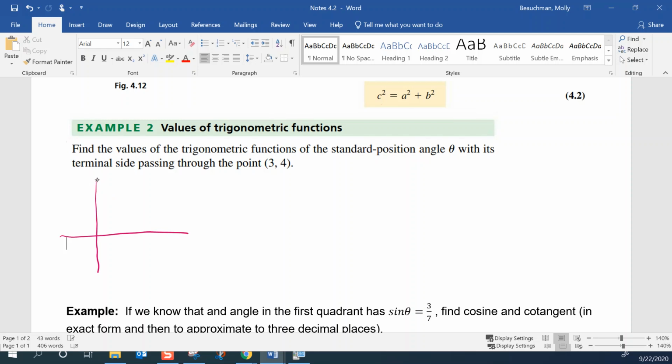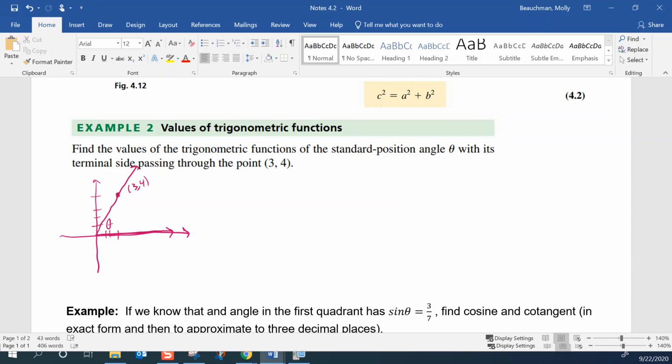There's our xy axis. Standard position means the initial side is on the x-axis, and the terminal side is going to go through the point (3, 4). So this is our angle theta, and the coordinates of this point are (3, 4).